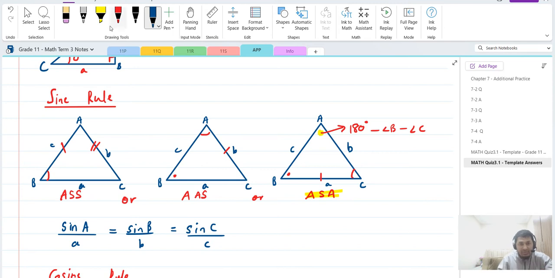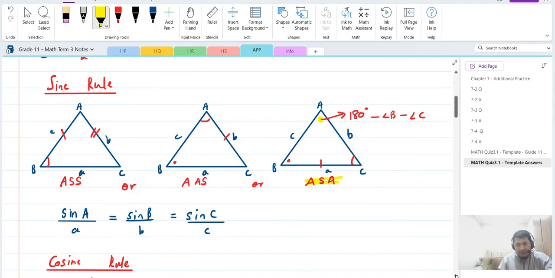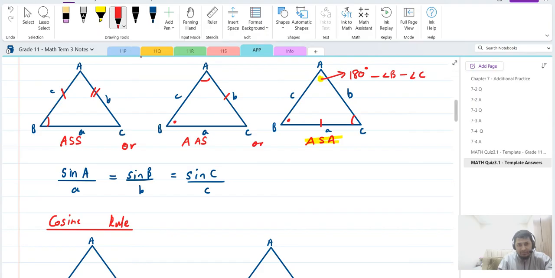Remember, in the sine rule we are only solving either part 1 and part 2, or part 2 and part 3, or part 1 and part 3. You can flip this formula as well, but it's fine. Let's just use sine A over a, that's the sine rule.